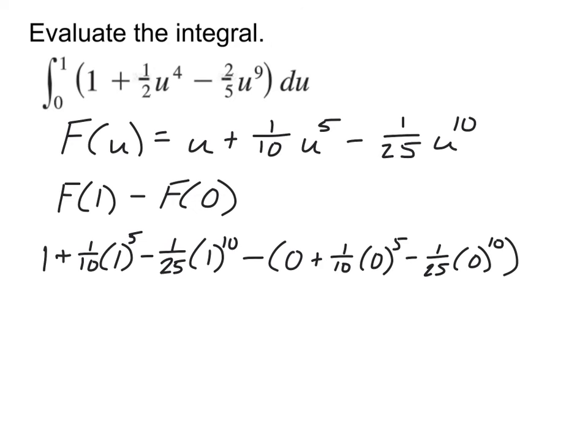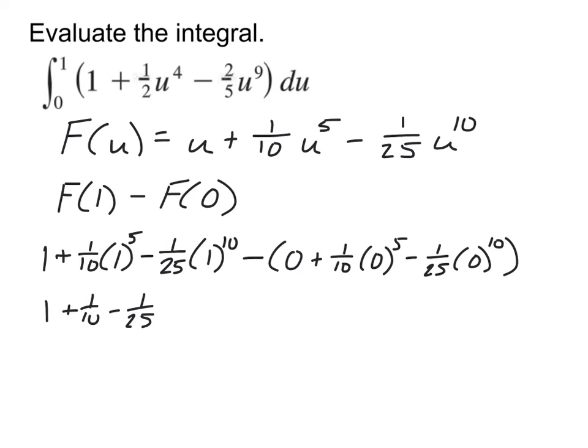And so we plug in our values, but the nice thing about this one is, since we're going from 0 to 1, a lot of these calculations end up being very easy. So we're really doing 1 plus a 10th minus a 25th. Because you'll notice that this whole part that I'm subtracting, every single piece of that equals 0. And so it's just minus 0, so that goes away.